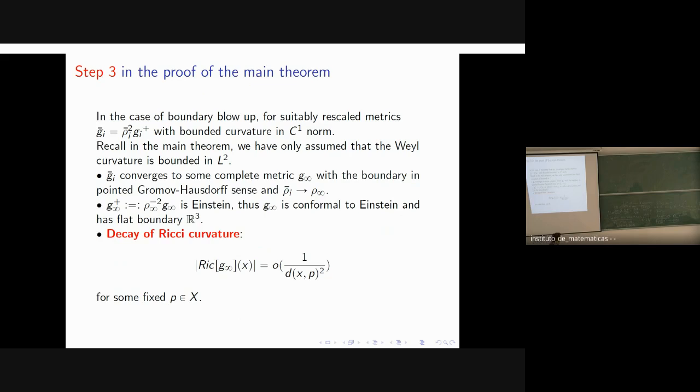The key thing is, if we know this metric GI has scalar curvature in L2, that translates to a decaying property of the rescaled metric. Because we are in 4 dimensions, L2 is an invariant property under rescaling.